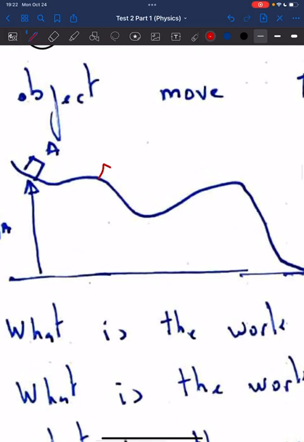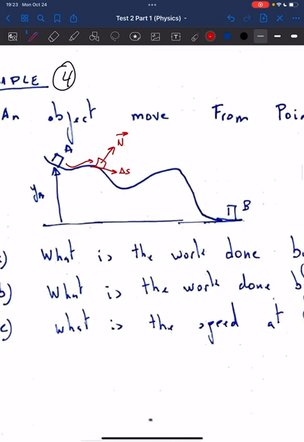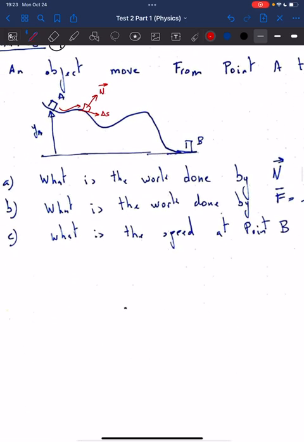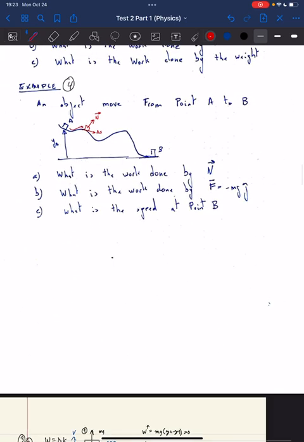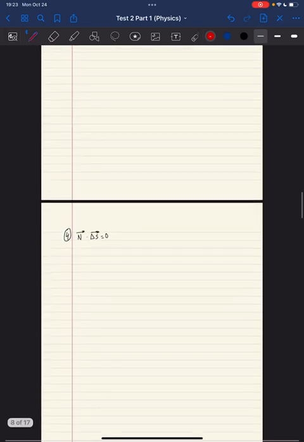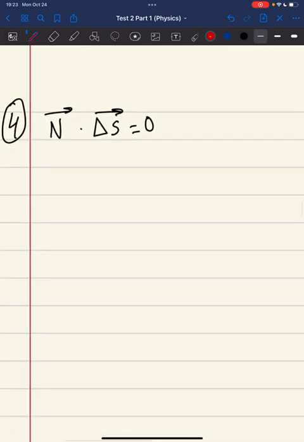Let's say it will be going from here all the way here. Now we said perpendicular. Look, perpendicular. So therefore, no projection of N into the change of S. So therefore, work is 0.